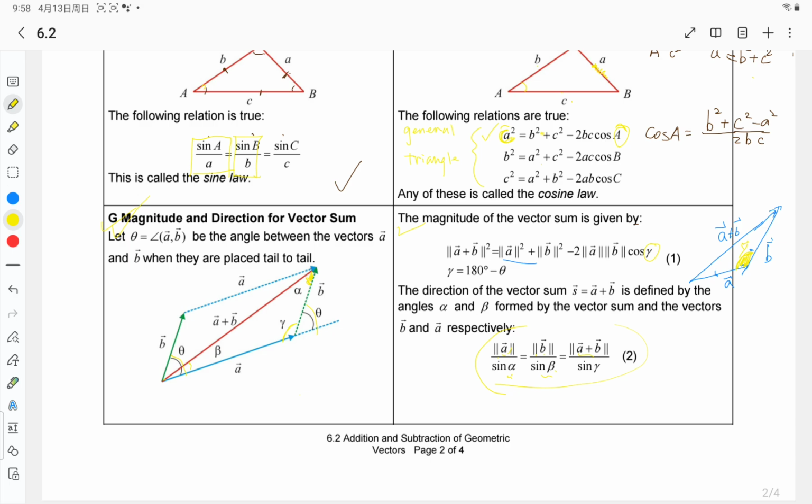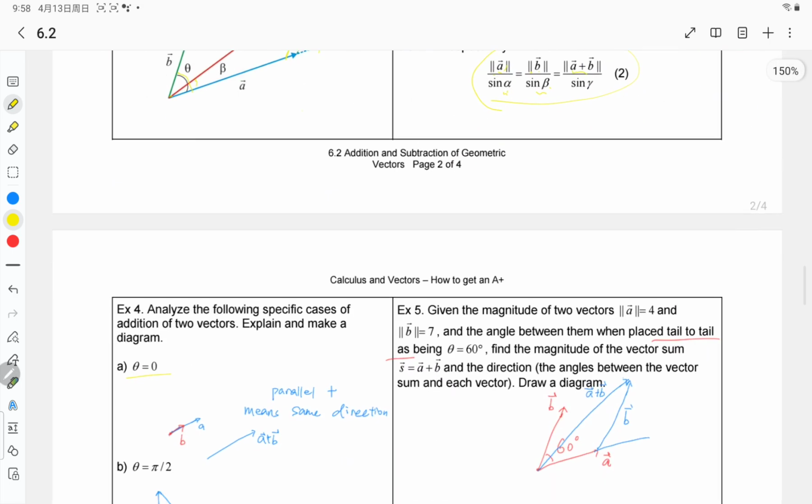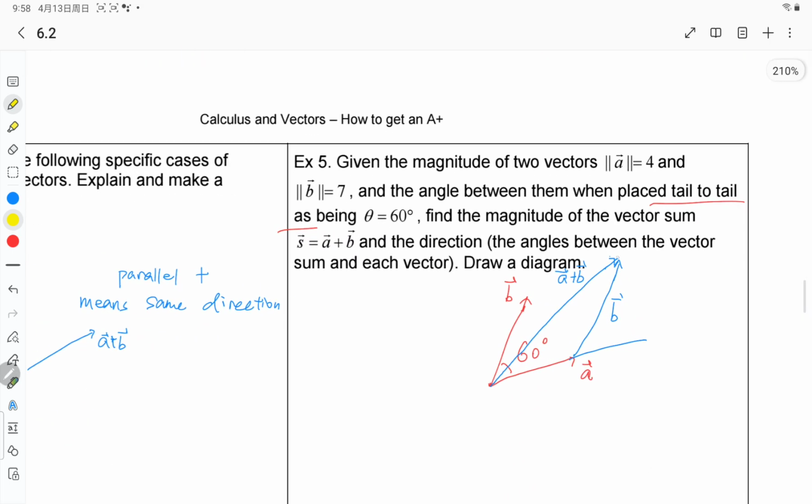It's exactly the same picture, because I move B parallel to here. So this angle here will be the same as 60 degrees, right?